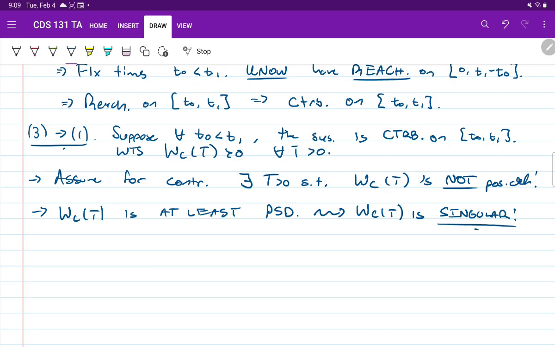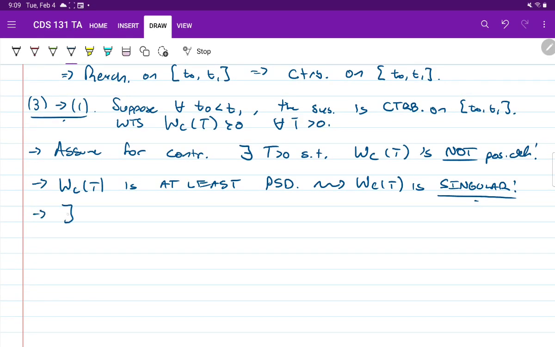Well, what does singular mean? There exists a non-zero vector v such that 0 equals v^T W_C(t) v. So we have a vector v in the null space of our Gramian, hitting the Gramian on both sides with v and v^T.